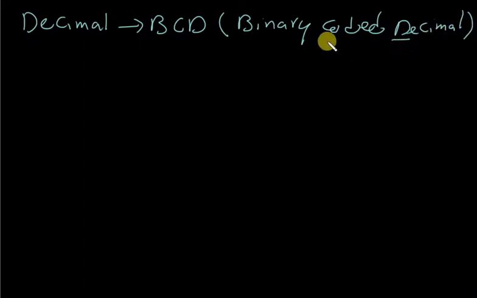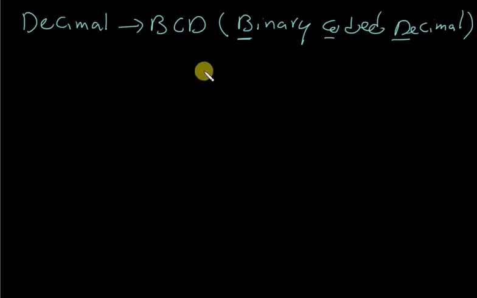So binary coded decimal. What BCD does, since base 10, which we use for decimal numbers in everyday use, is not a power of 2, it's going to be a little bit complicated to change it to the binary code.